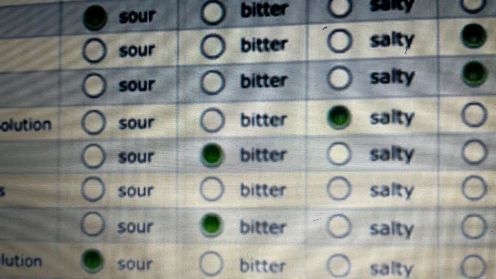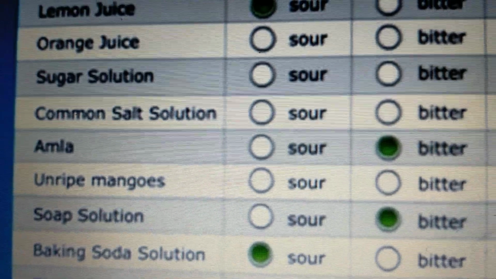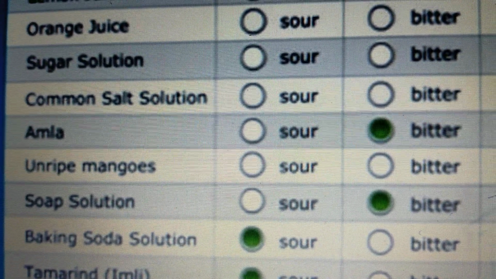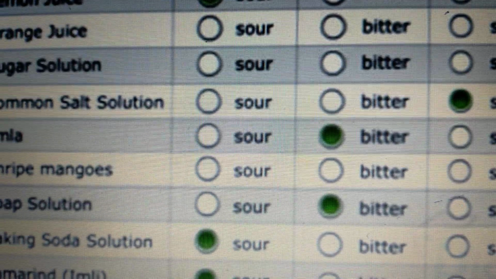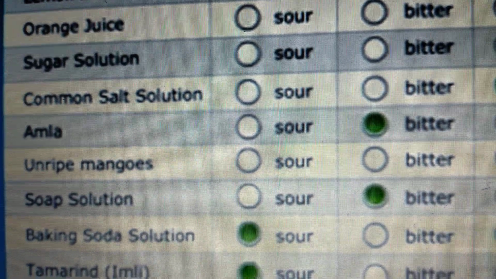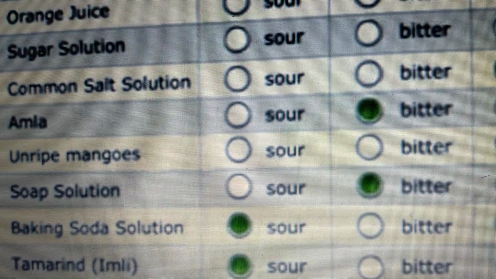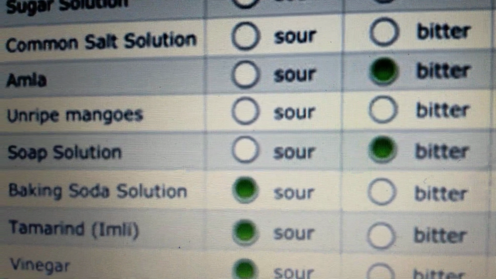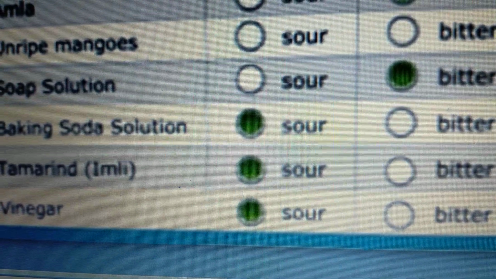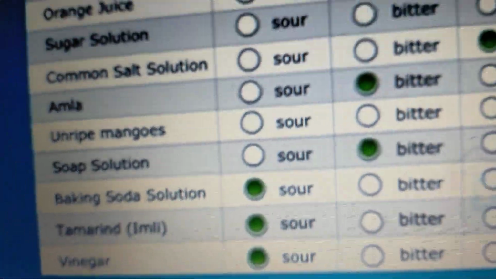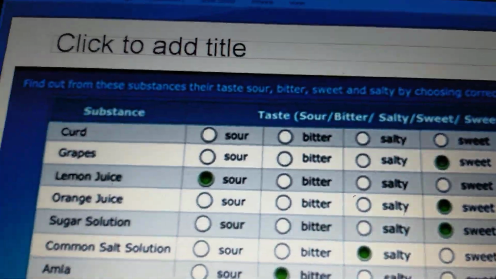Common salt solution, salty. Amla, bitter. Unripe mangoes, of course, sour. Soap solution, bitter. Baking soda solution, sour. Tamarind, sour. Vinegar, sour. So, right, you have to do this table in your class copy.